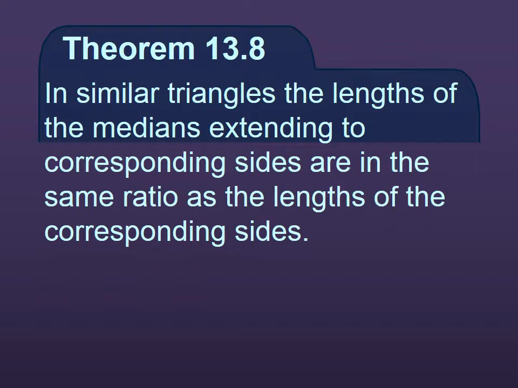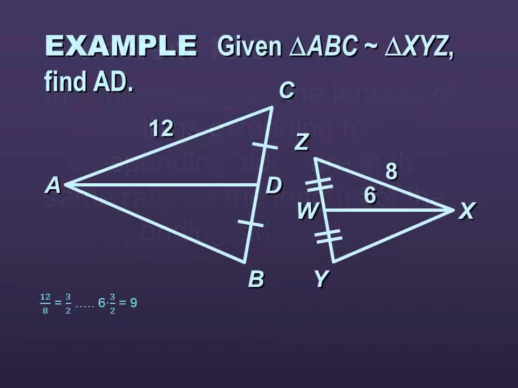In similar triangles, the lengths of medians also have the same ratio as the corresponding sides. So here are medians AD and XW. Given that these triangles are similar, we want to find the median AD. We have the ratio of corresponding sides, 12 over 8, which is 3/2.